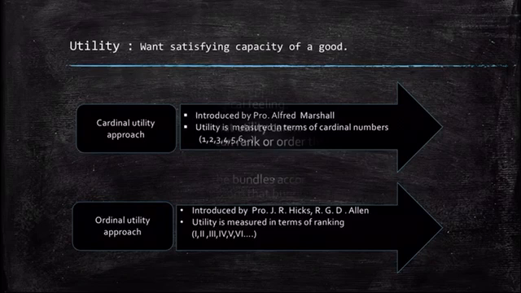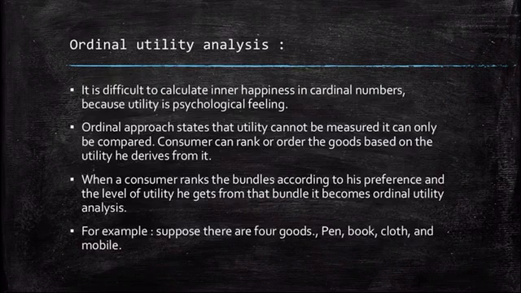So, according to this ordinal utility approach, it is very difficult to calculate one's inner happiness in terms of numbers. It looks unrealistic. But a consumer can rank the goods from the highest rank to the lowest rank based on his preferences over those goods and services.